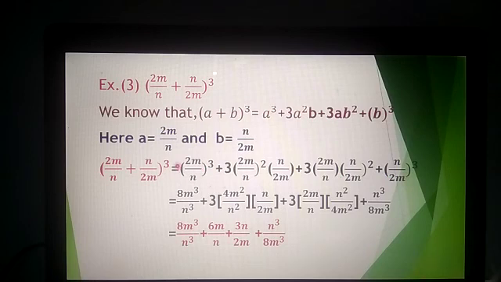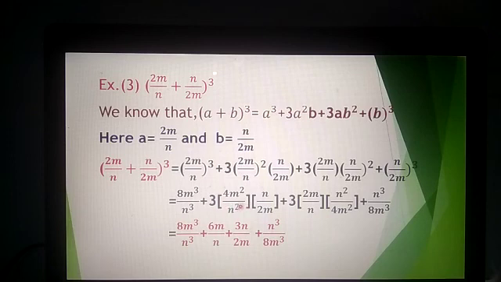So now write down the answer as 2 cube means 8 and m cube means m cube upon n cube, 8m cube upon n cube, plus 3 into, now 2 square is 4, m square is m square upon n square.